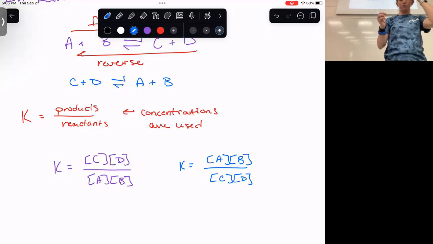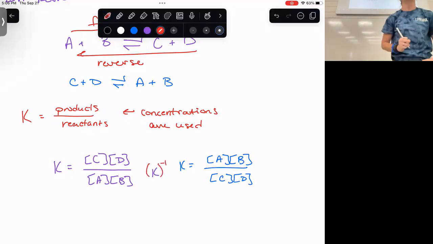If we took purple K to the -1 power, we would get blue K. That'll be helpful later on, probably Monday or Wednesday next week.